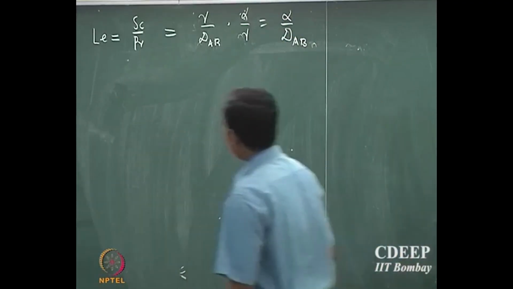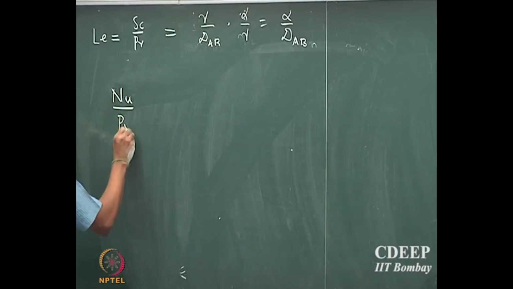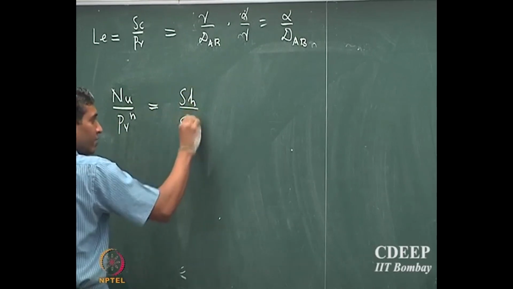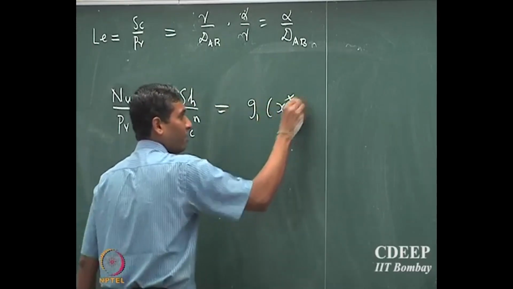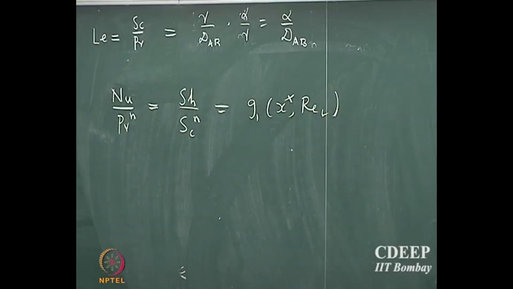Now we said that the Nusselt number divided by Prandtl to the power of n should be equal to the Sherwood number divided by Schmidt number to the power of n, and that has the same functional form.